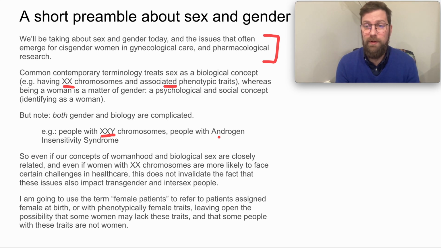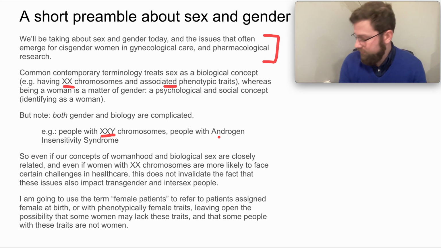So what's going on with a person with androgen insensitivity syndrome is their cells and their hormonal makeup is not responsive to certain kinds of hormones, androgens. And these androgens are the cause of the development of a penis and external testicles during fetal development, during embryonic development.